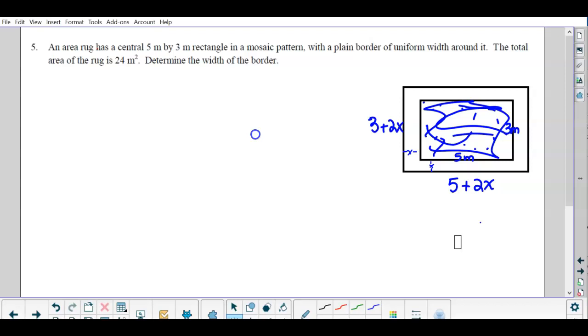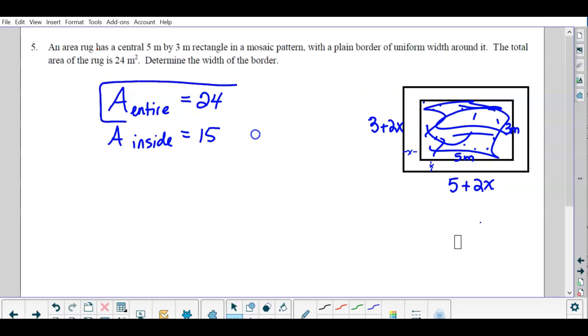Okay. So the area of the entire rectangle is 24. You might want to write these down. Area of the inside, we don't really need it. It's 15. But another way of showing this, area of the entire thing, we have to get x's in there, right?